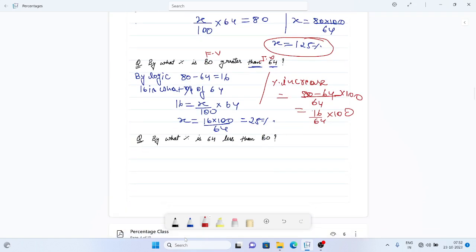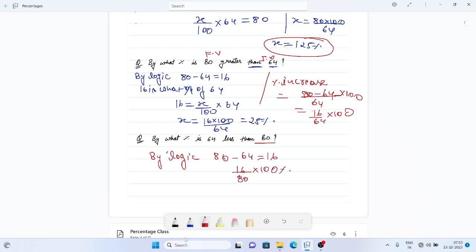Now what percentage is 64 less than 80? How much is 64 less than 80? 16. If I go by logic, 64 is less than 80 by 16, and compared with 80.